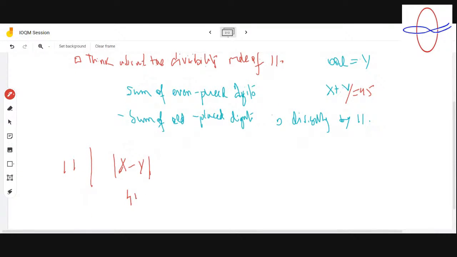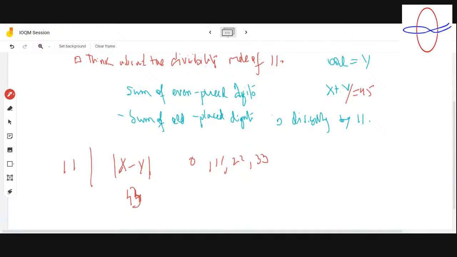So what can the maximum value of this modulus be? The maximum value can be 44, right? Not 44, actually 43. So therefore you can take 0, you can take 11, you can take 22, you can take 33. These are the possible values of x minus y, right?